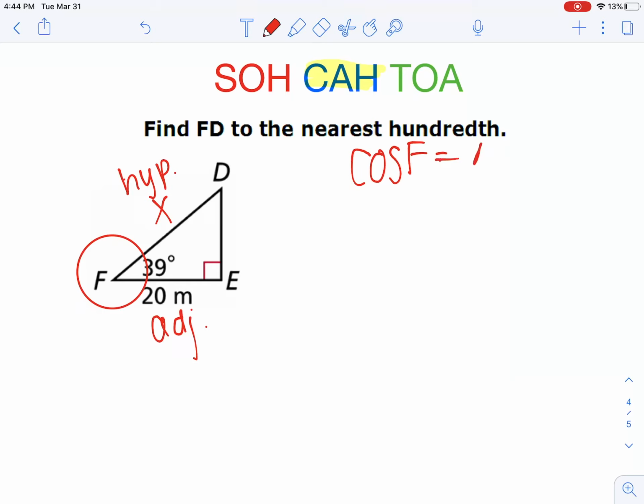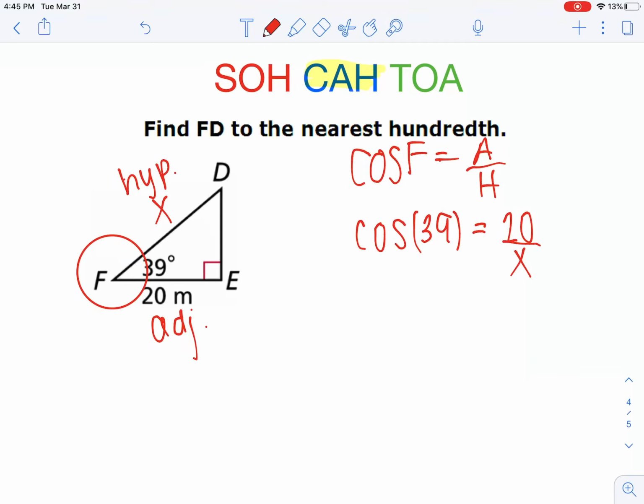Cosine of angle F equals A, or adjacent, divided by my hypotenuse. Substitute in what you know, cosine of 39 equals 20 over X. Notice this example is a little bit different because X is now on the bottom.